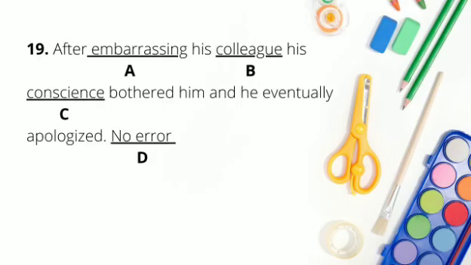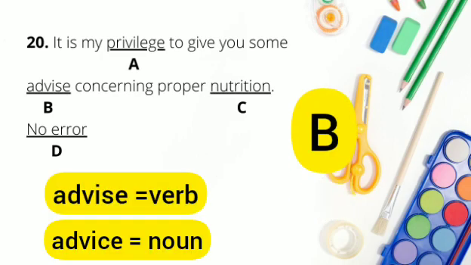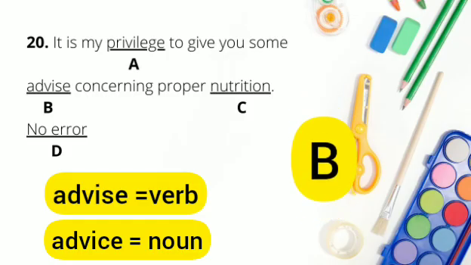After embarrassing his colleague, his conscience bothered him and he eventually apologized. The answer is D. No error. Question 20. It is my privilege to give you some advice concerning proper nutrition. The error is at B. In this sentence, we would need a noun and not a verb.